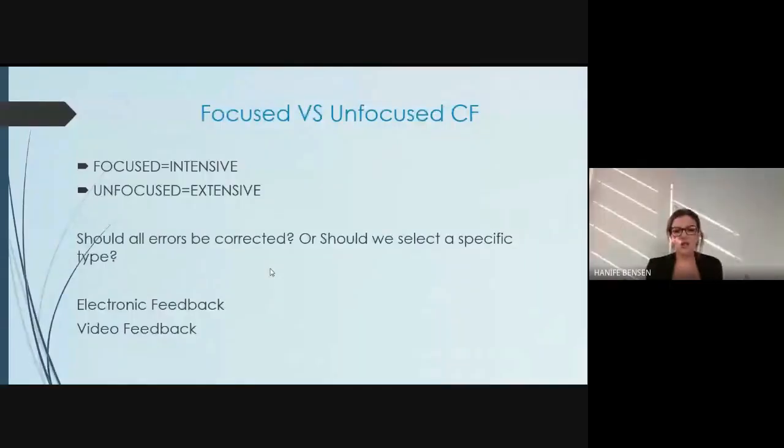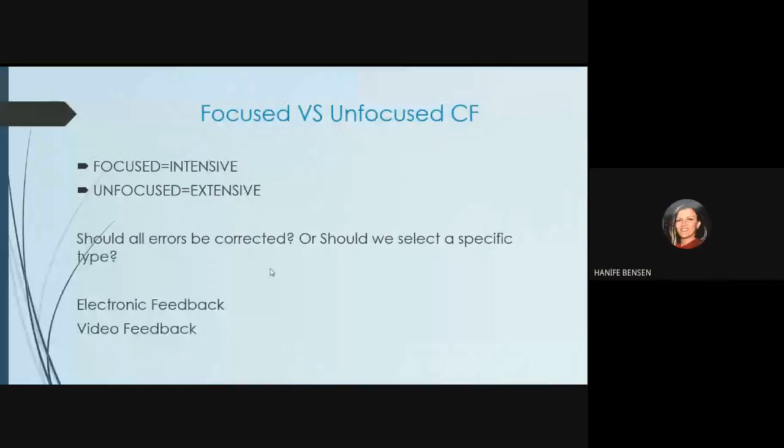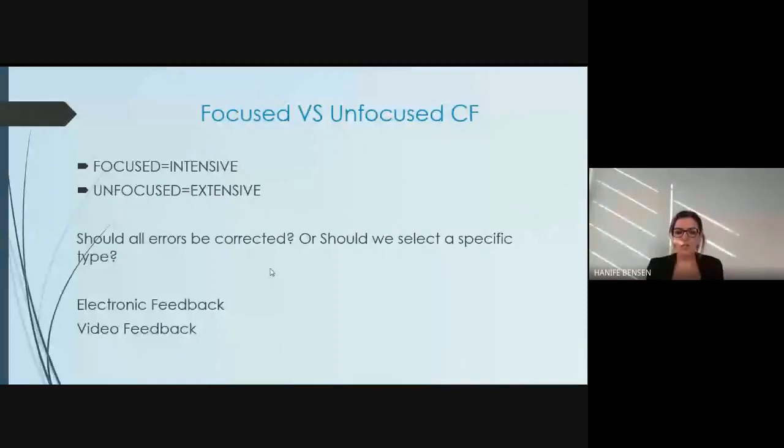Now, research in the past suggested that focused written corrective feedback is much more beneficial, but recent studies have shown that unfocused is actually better. Again, I suggest that this depends on the students. So try that one out and try that one out, and then see which one is much more beneficial in your settings.